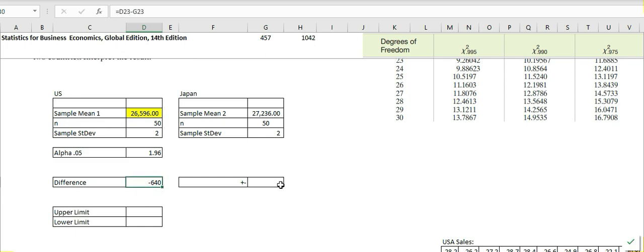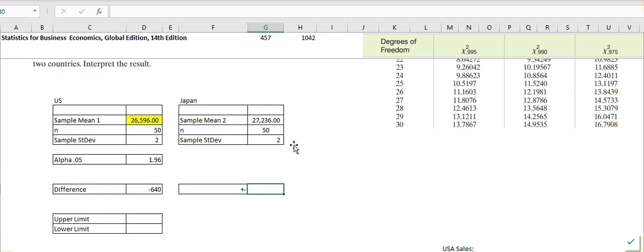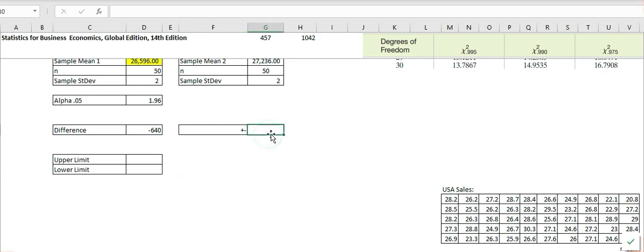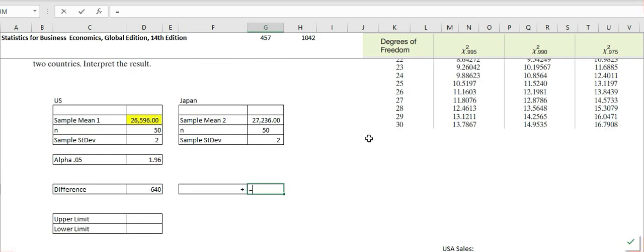Okay, so we'll now get the difference between the means. That's the difference. We'll use the alpha of 0.05, and then we multiply it by the square root of the standard deviation.